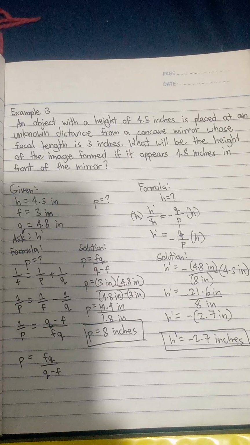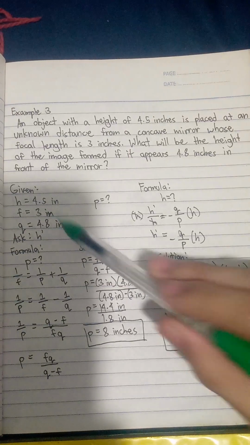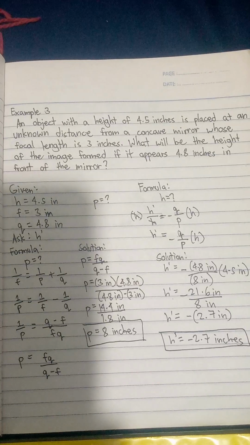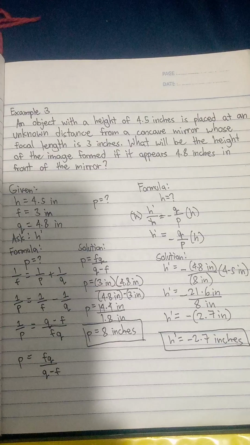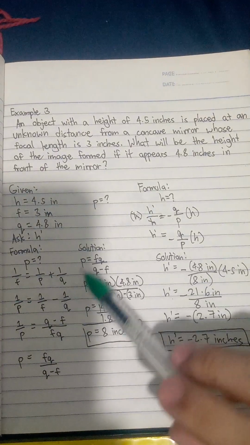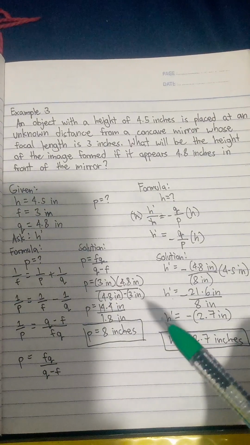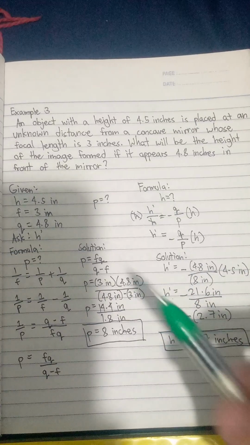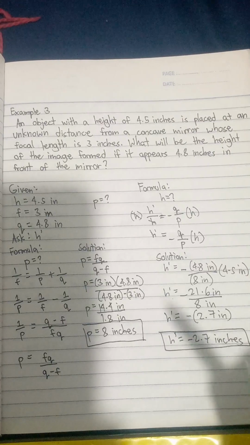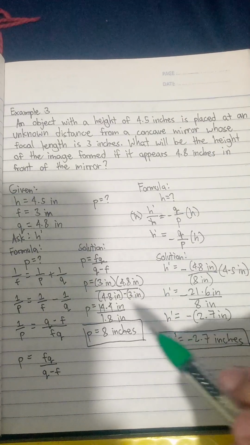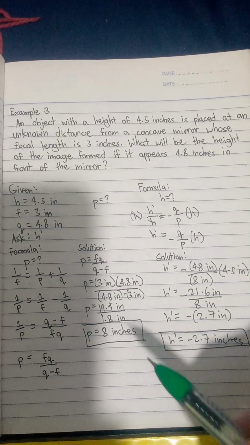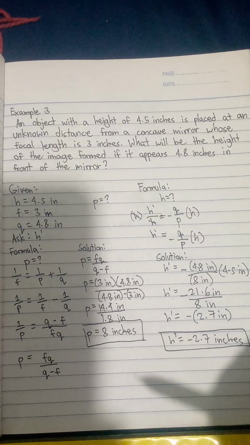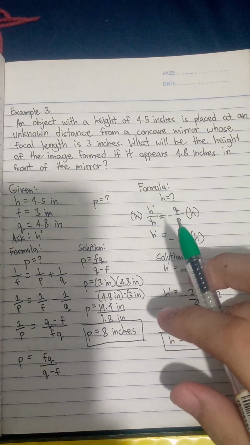In this problem, the givens are variable h, which is 4.5 inches, variable f, which is 3 inches, and variable q, which is 4.8 inches. What is asked is h apostrophe, and the equation to solve for h apostrophe is the magnification equation.